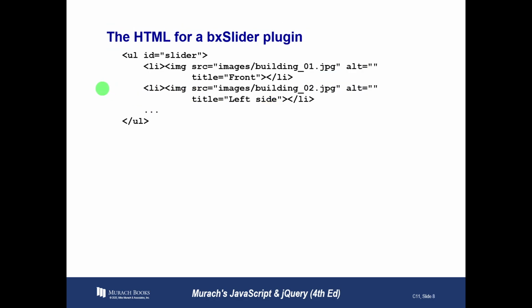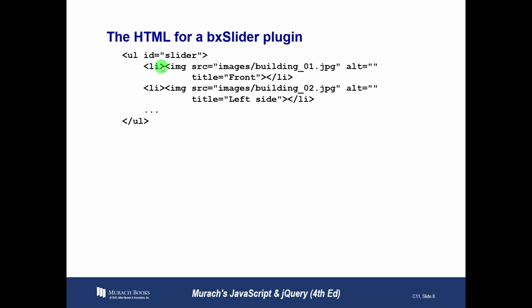Okay. And then to get the HTML to work, this is like a template page that shows you how to do it. You need an unordered list, ID is slider, and then you specify where each of the images are. In this case, they're in an images folder, so you'd want to use an images folder. They have an example with building 1 and building 2.